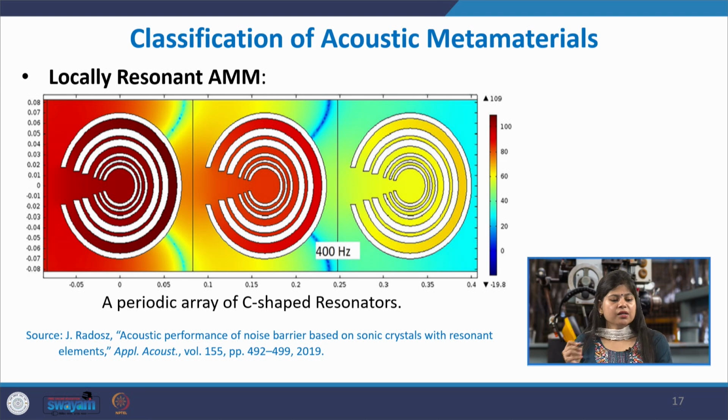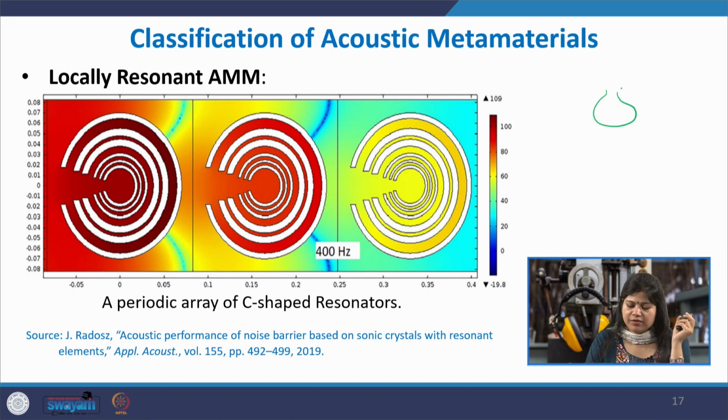This figure shows a typical locally resonant AMM. It is a sonic crystal which we will study in some of the subsequent lectures. So, what is happening here, it is made of concentric C-shaped elements, and each of the C-shaped elements is acting like a Helmholtz cavity, okay, Helmholtz resonator.